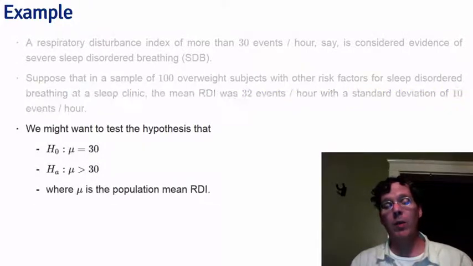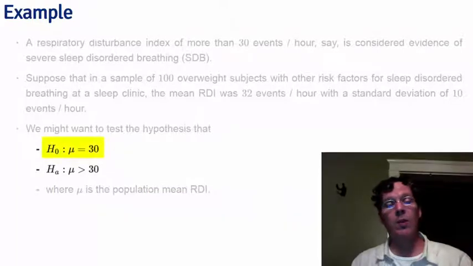We'd like to test whether or not the population mean for this population that we're drawing the sample from is equal to 30, our benchmark for severe sleep disordered breathing, or whether or not it's larger than 30. So we specify that as H0: mu equals 30, and the alternative hypothesis, HA, as mu greater than 30.